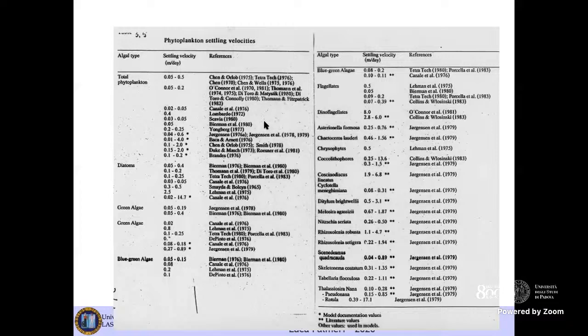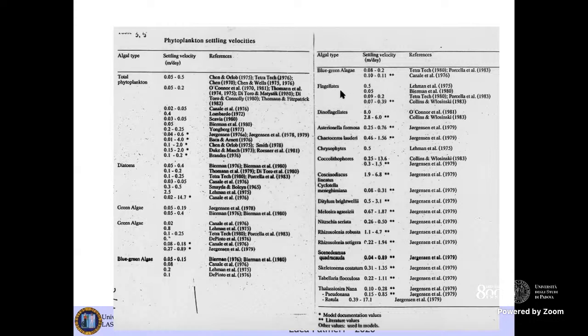So you may read the paper in order to understand if the parameter that you're choosing for your system is consistent, has the same meaning, is describing the same system and so on. For example, diatoms is another type of algae for which you have different values of settling velocity with different references, green algae or blue-green or flagellates and so on.